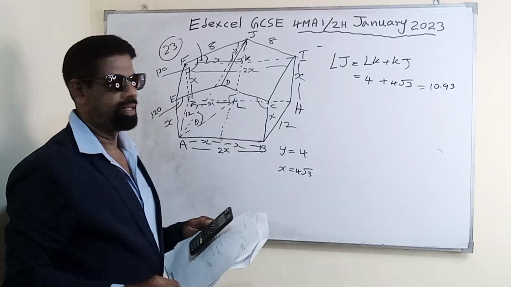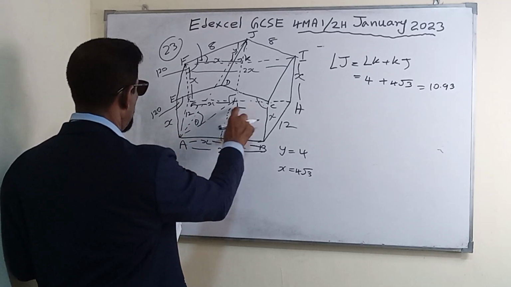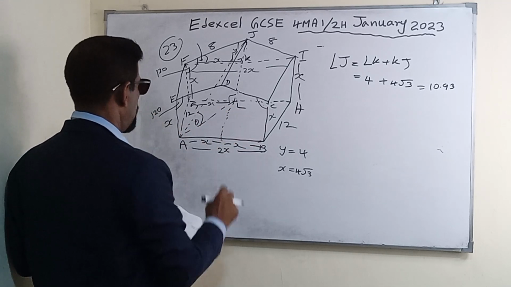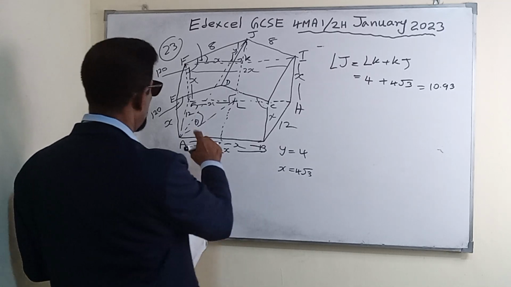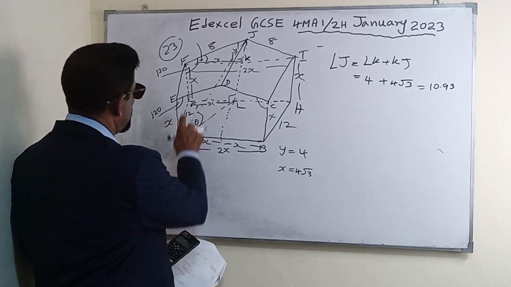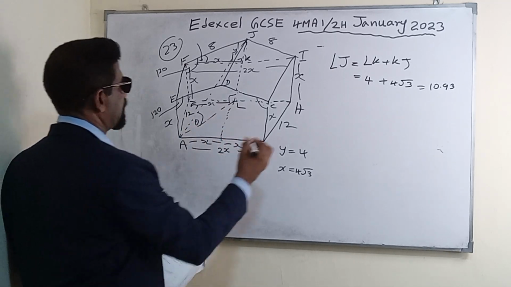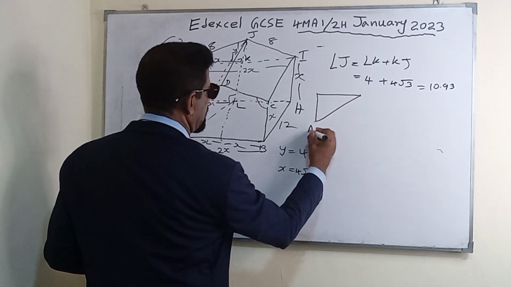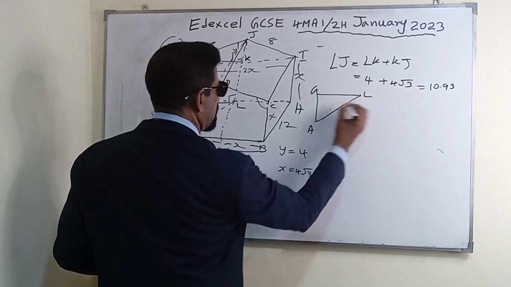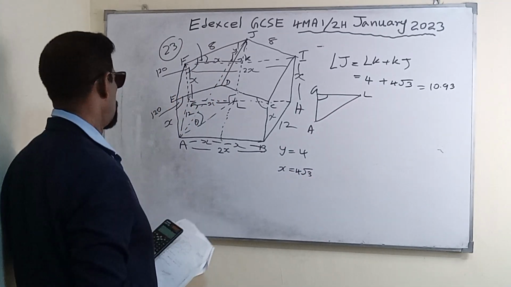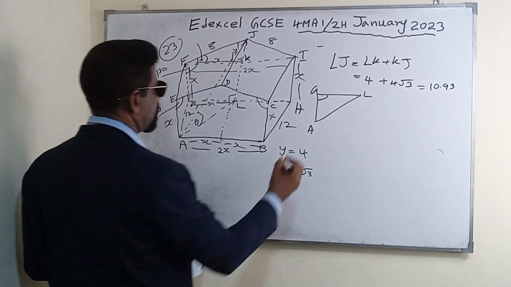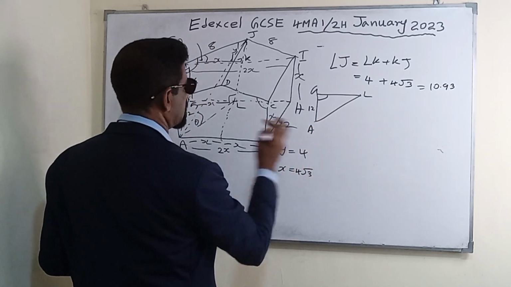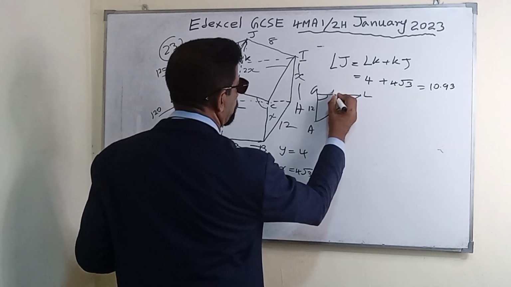Now we find AL. We can draw AGL as a rectangle with a right angle, and in 3D this is 90 degrees. This is 12 and that is 4 root 3.